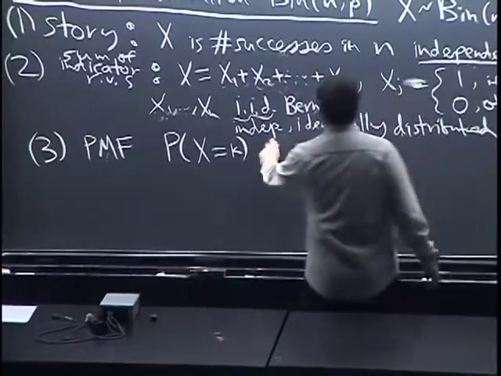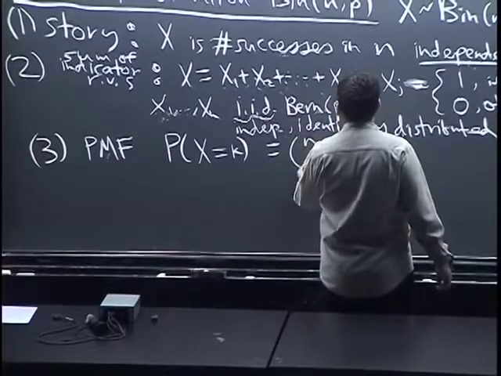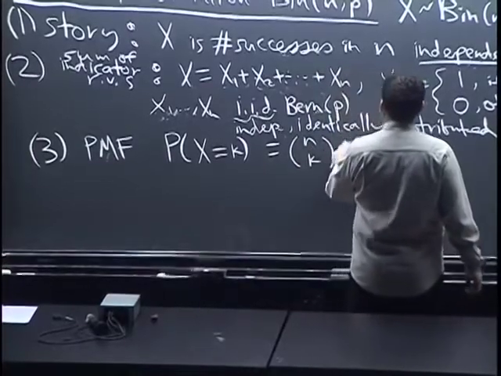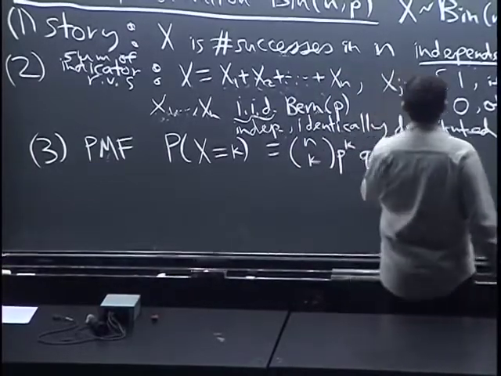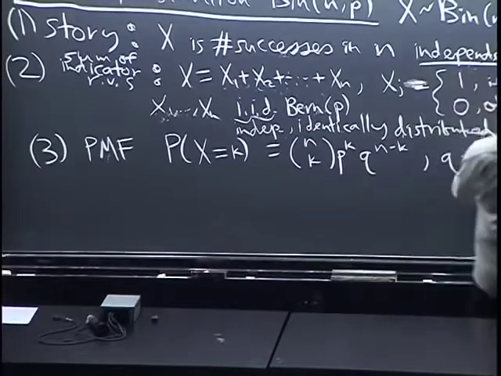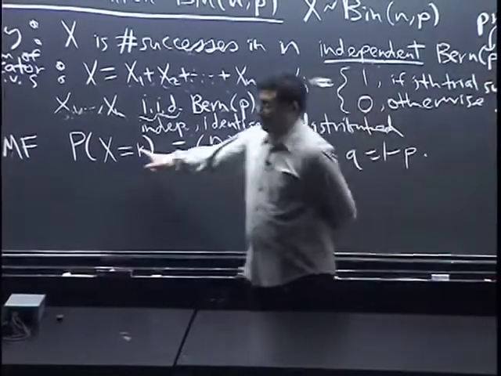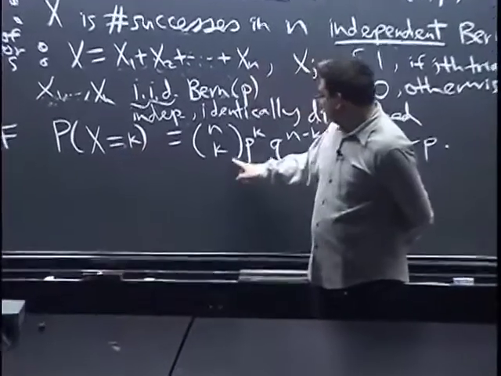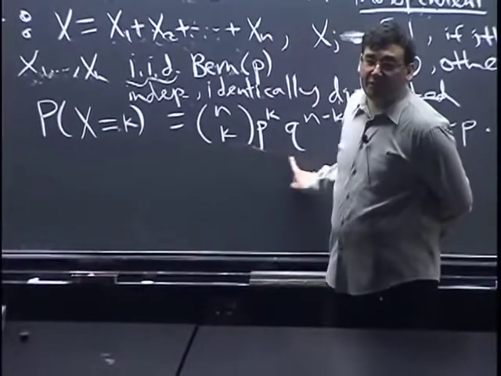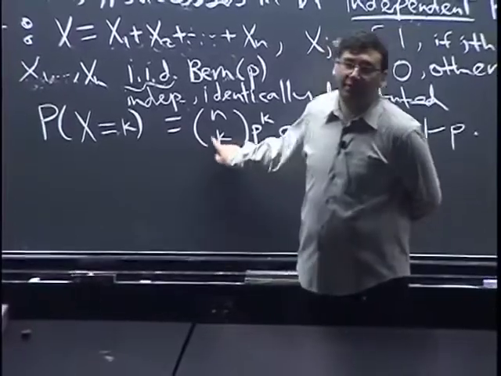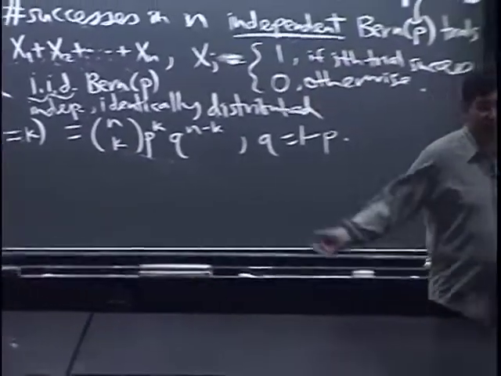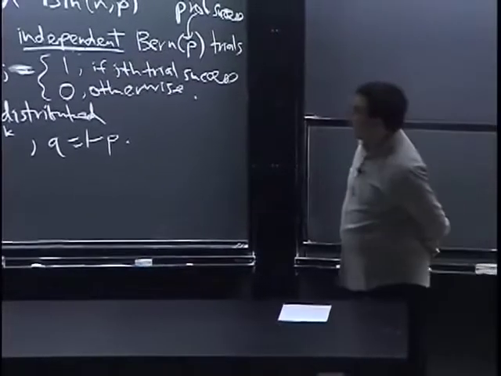And last time we showed that for the binomial, that's n choose k, p to the k, q to the n minus k, where q equals 1 minus p. Because if we have n trials with exactly k successes, then that's the probability for one specific way to do that, and then that's the number of ways to choose where the successes are. Okay, so we can immediately derive the PMF. So that's called the PMF.